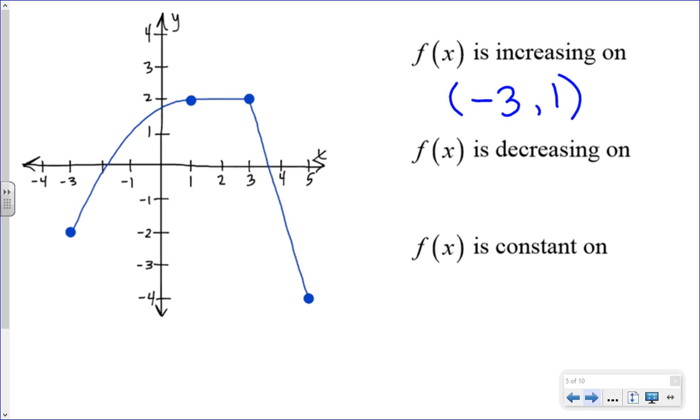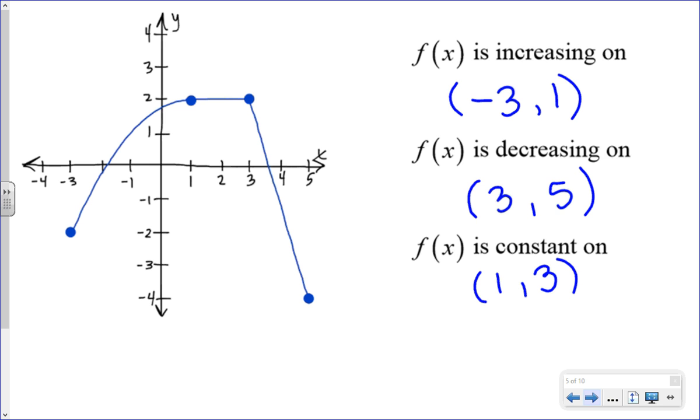Where is this function constant? Oh, that's decreasing. Where is the function decreasing? You guys are fine, right?